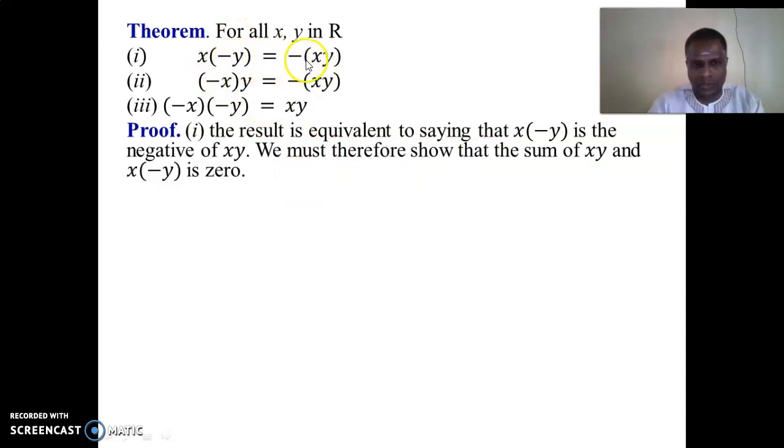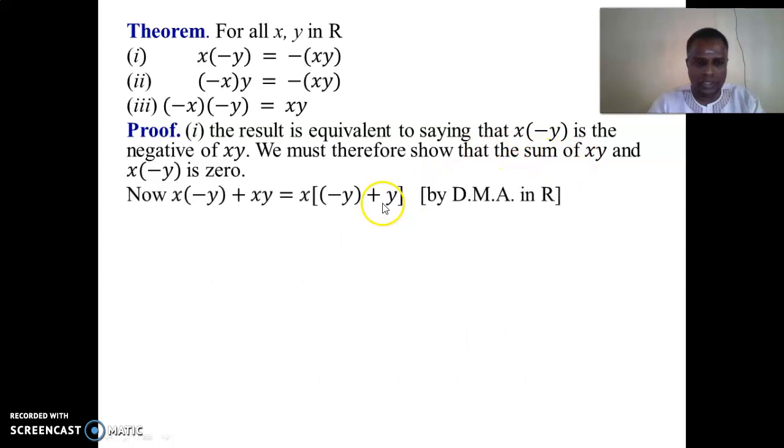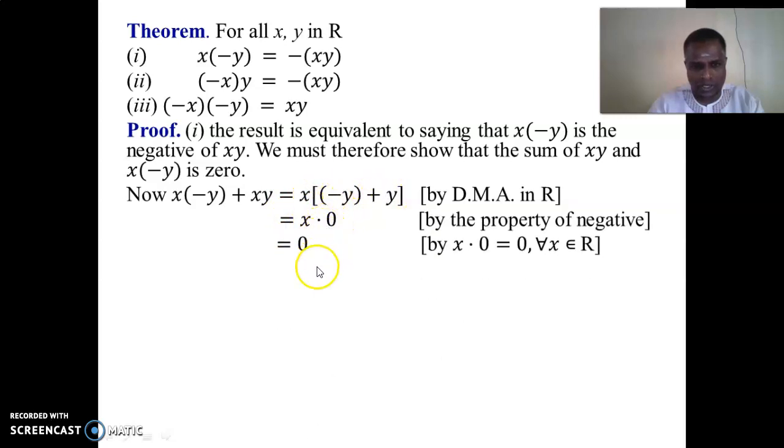When we add these two and they become 0, we must therefore show that the sum of xy and x times minus y is 0. So we add these two terms: x times minus y plus xy equals x times minus y plus y. We apply the distributivity of multiplication over addition law. This becomes x times 0, so it is 0.